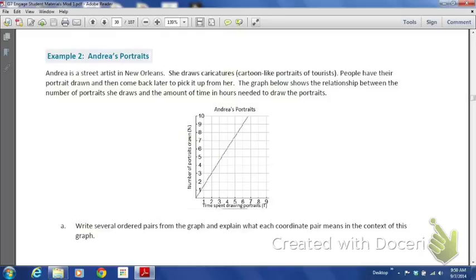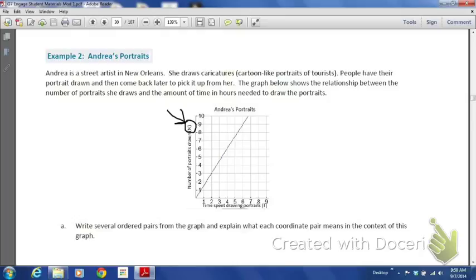The graph below shows the relationship between the number of portraits she draws and the amount of time in hours needed to draw the portraits. Okay, and you can see our dependent and independent variables written down there. They've actually given you some variables, ways to refer to them.